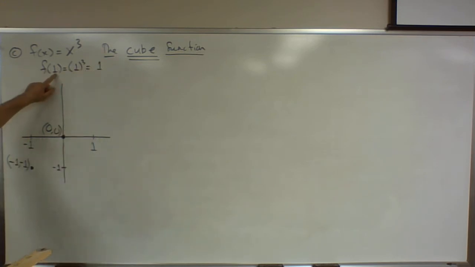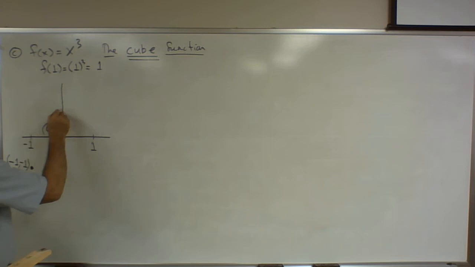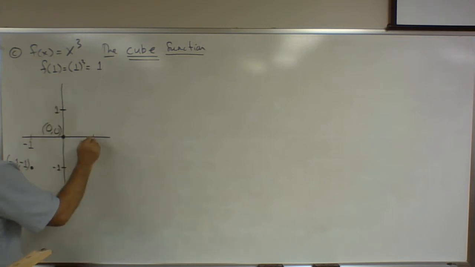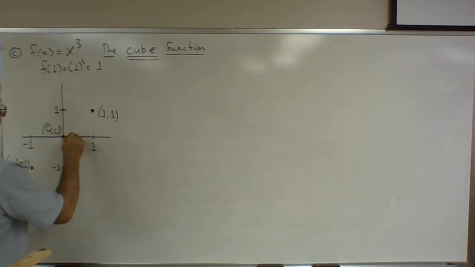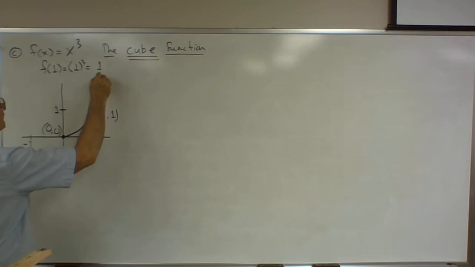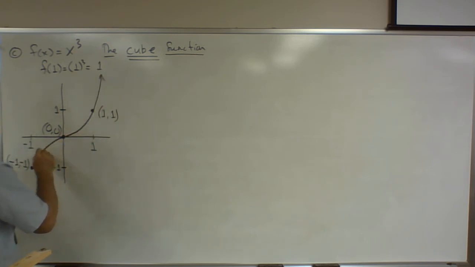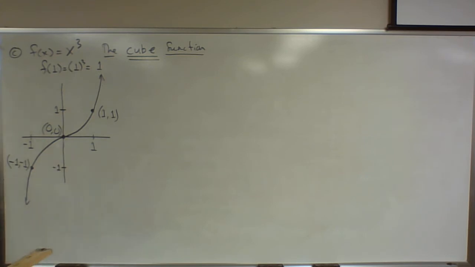So when x is 1, f evaluated at 1, the y coordinate is going to be 1 also. So here's a third point on our graph. And we play connect the dots. And voila, we have the graph of the function.